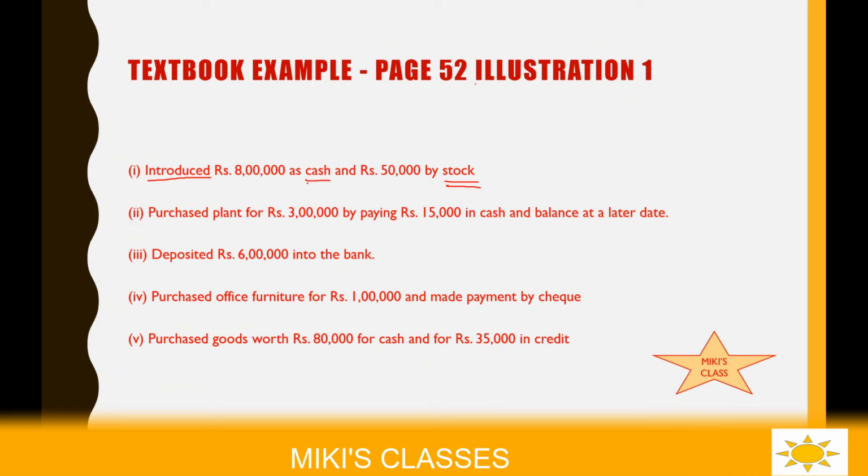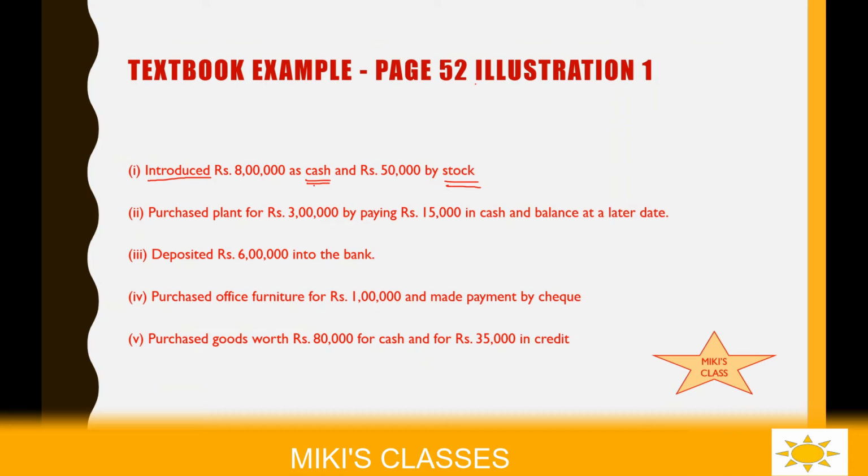So as we know, the moment cash is there, one account which will be involved will be cash. Okay. And it's also talking about inventory, stock. So that will also be a part of the transaction. Let's check the journal entry for this first transaction. So cash has come into the business, right?